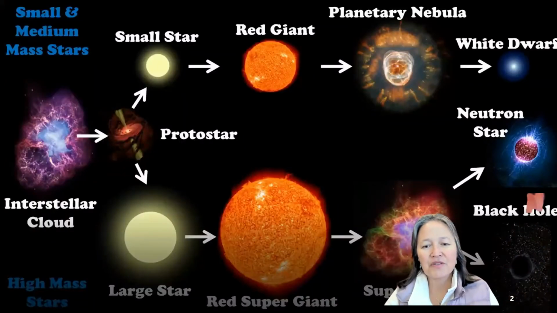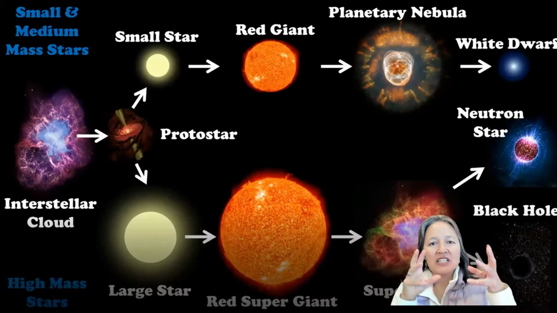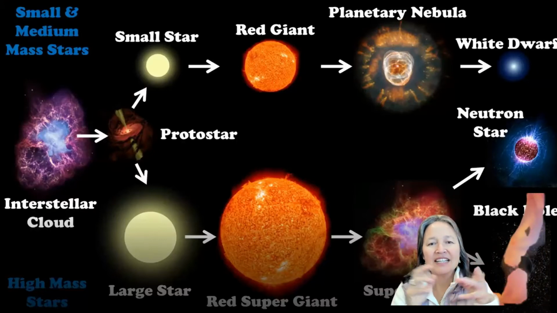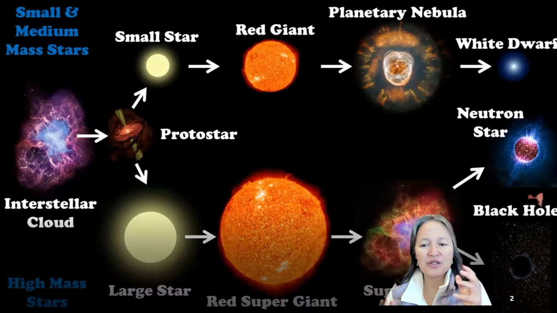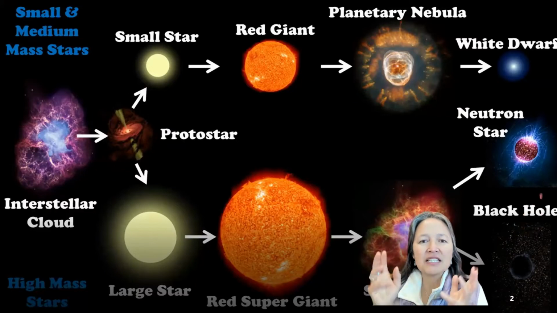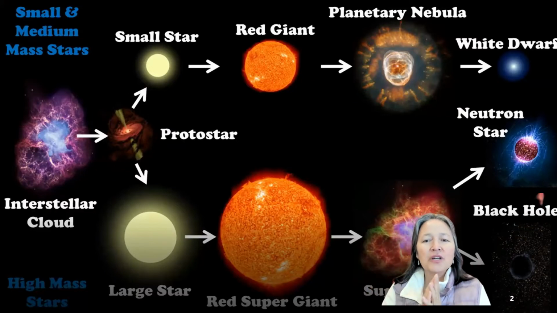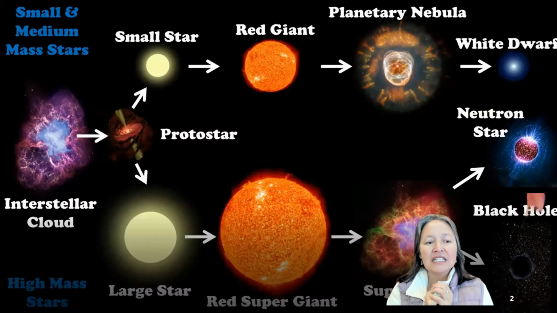If you recall from the first time I shared about this, we have basically first an interstellar cloud. This is the beautiful star nursery. You can see it on your screen where it says interstellar cloud, and it's beautiful. Don't confuse it with a ring nebula though, because even though it looks all fuzzy and beautiful, it's very different.